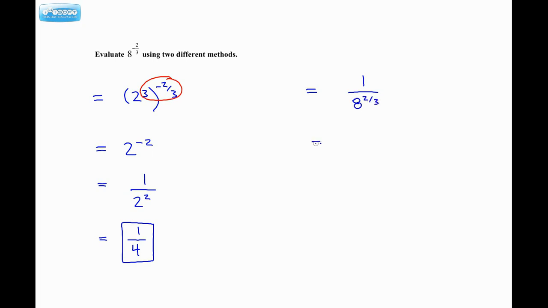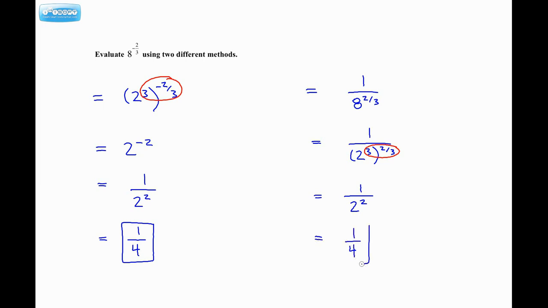And then I can just stay in the denominator. Don't forget, the 1 is still there. Now I can do 8 is 2 cubed. So I multiply these. So that gives me 1/2 squared. So I still get 1/4.